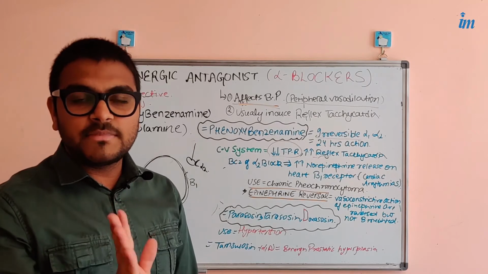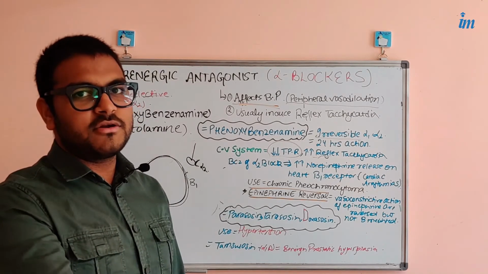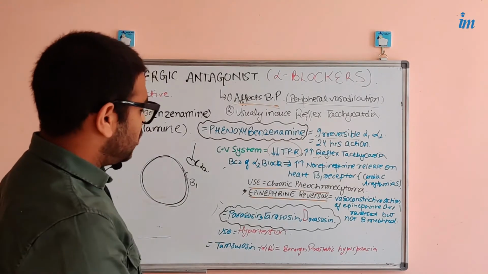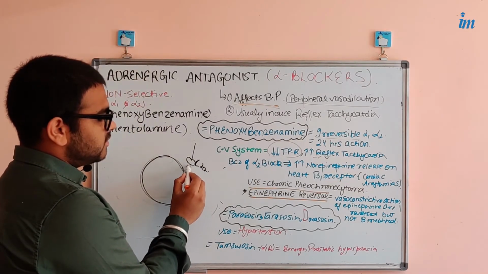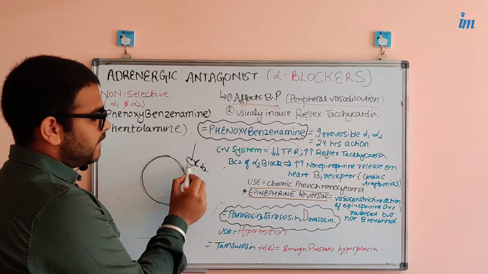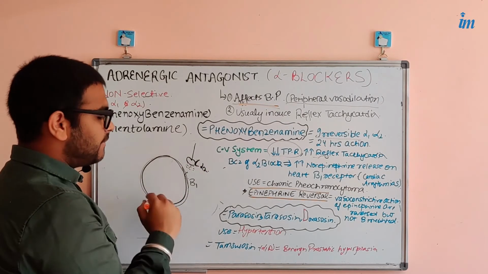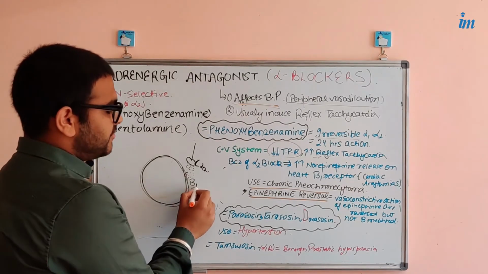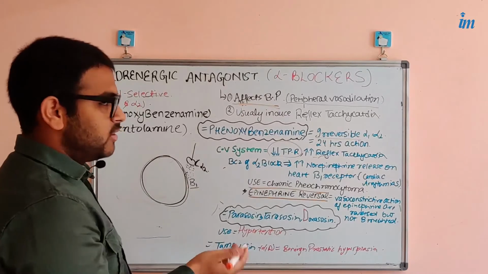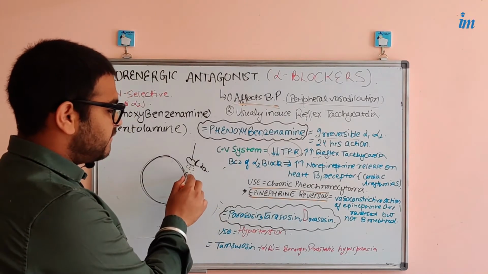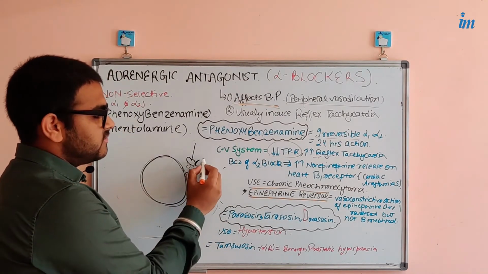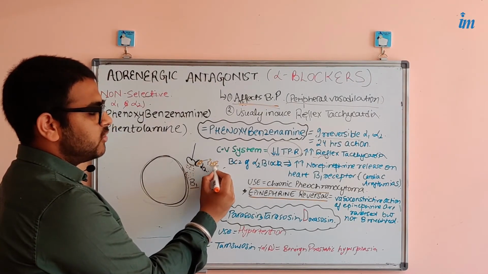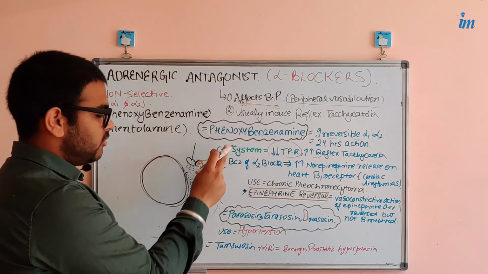There will be no inhibition to the release of norepinephrine into the synaptic cleft and onto the effector organs. So norepinephrine will be released from the adrenergic nerve ending in high amounts to bind with the beta 1 adrenergic receptors present on the heart. Why has the norepinephrine increased? Because we have blocked the alpha 2 receptor by the action of phenoxybenzamine.